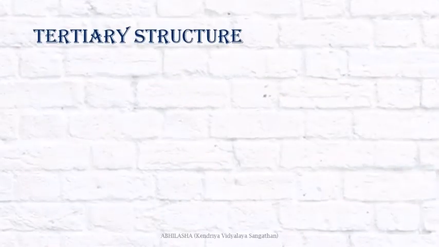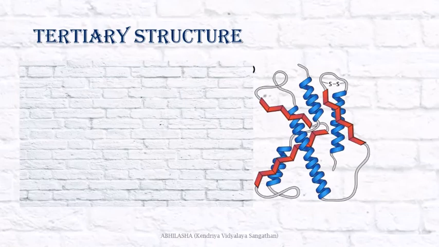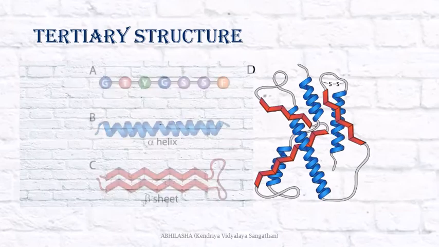Now the long protein chain is also folded upon itself like a hollow ball of wool. This gives rise to the tertiary structure. This is the three-dimensional view of the protein. Tertiary structure is absolutely necessary for the many biological activities of proteins.